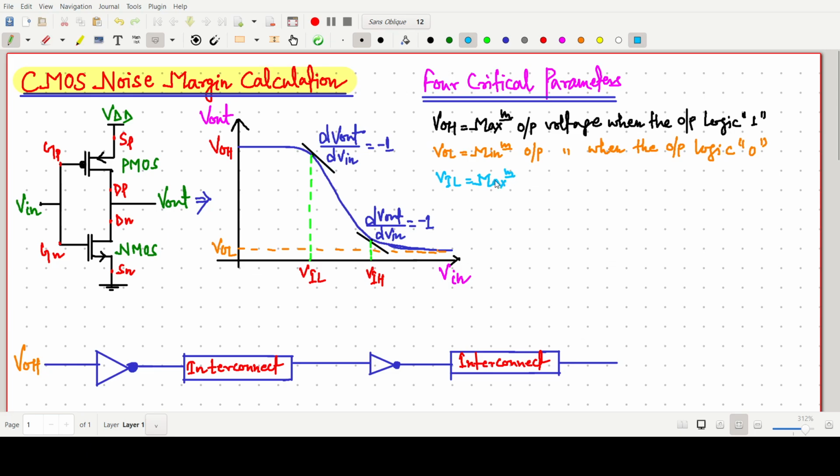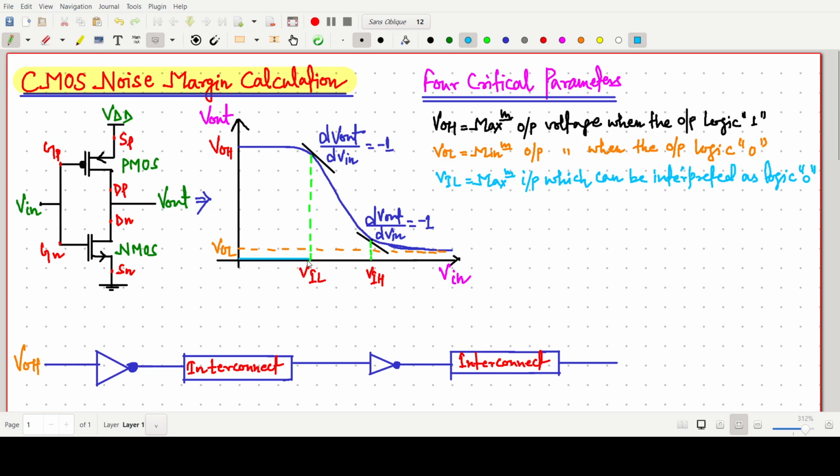It is the maximum input which can be interpreted as logic 0.